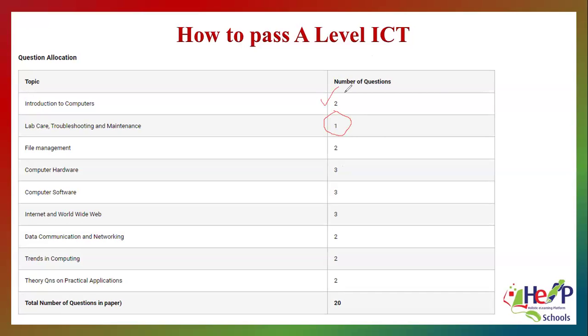So if you can master what I've talked about this holiday, you'll be sure of at least 1 question when you go to UNEB.